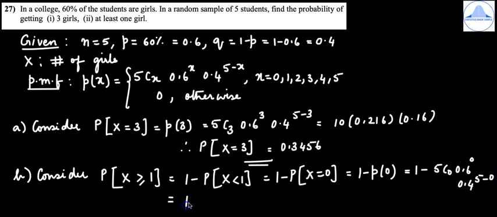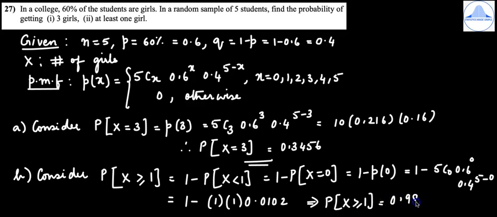So which is equal to 1 minus 5C0 is 1, 0.6 to the power 0 is also 1, into 0.4 to the power 5 is 0.0102. So we get probability of x greater than or equal to 1 is 0.9898.